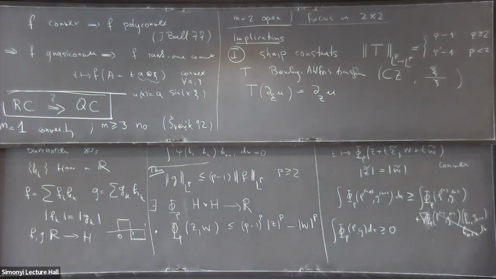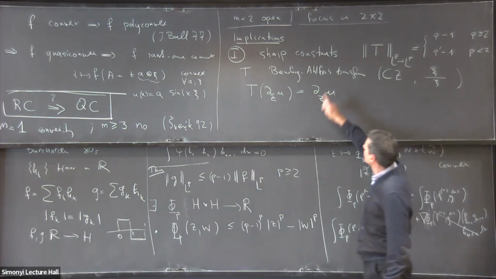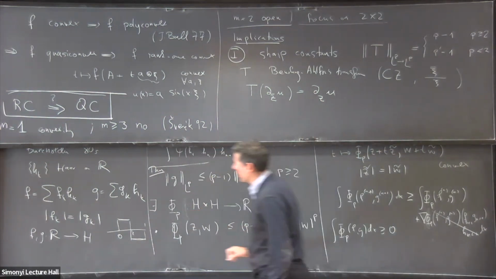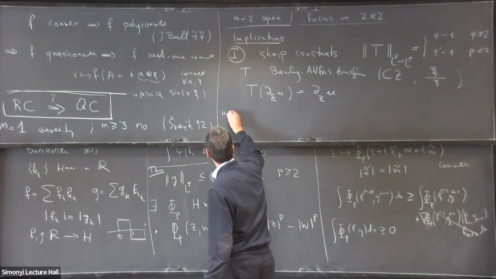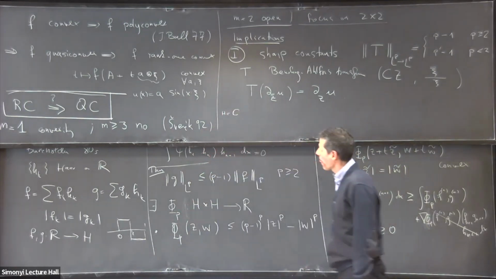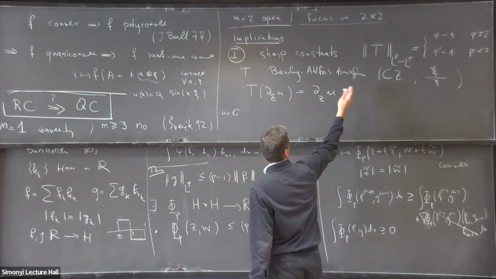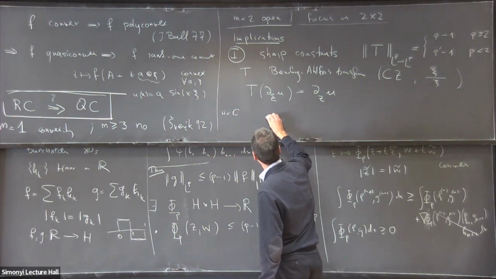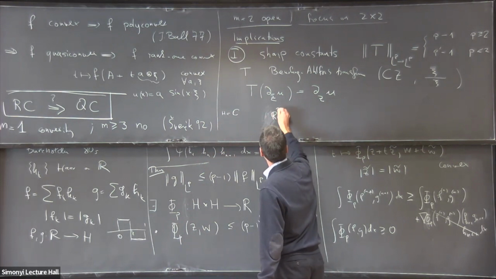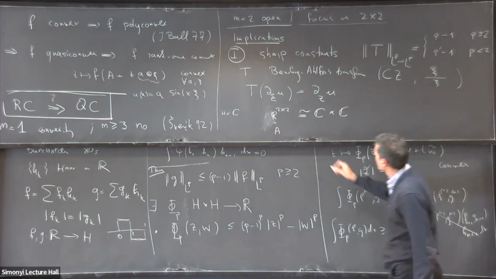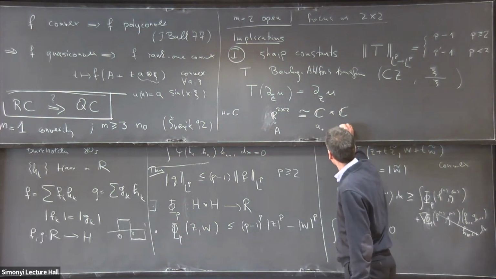So the link to this is that if I consider now this setting with H being the complex plane, then I'm looking at 2 by 2 matrices. If I have a 2 by 2 matrix A, I can identify it in a natural way with C times C, let me call it A plus, A minus.